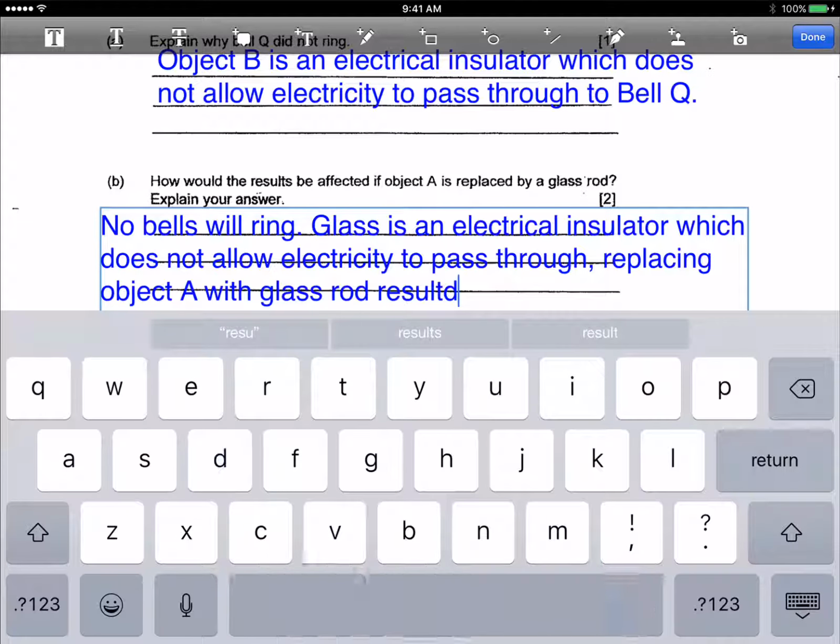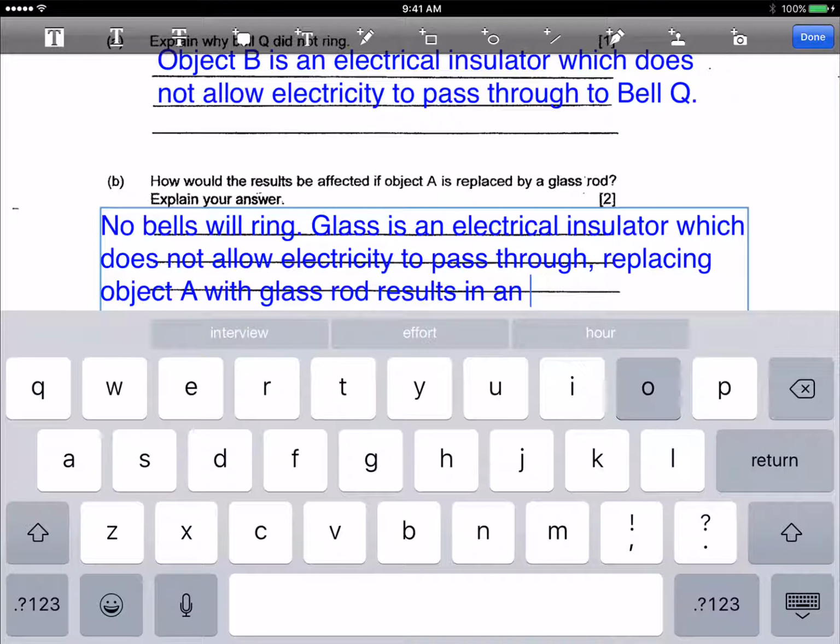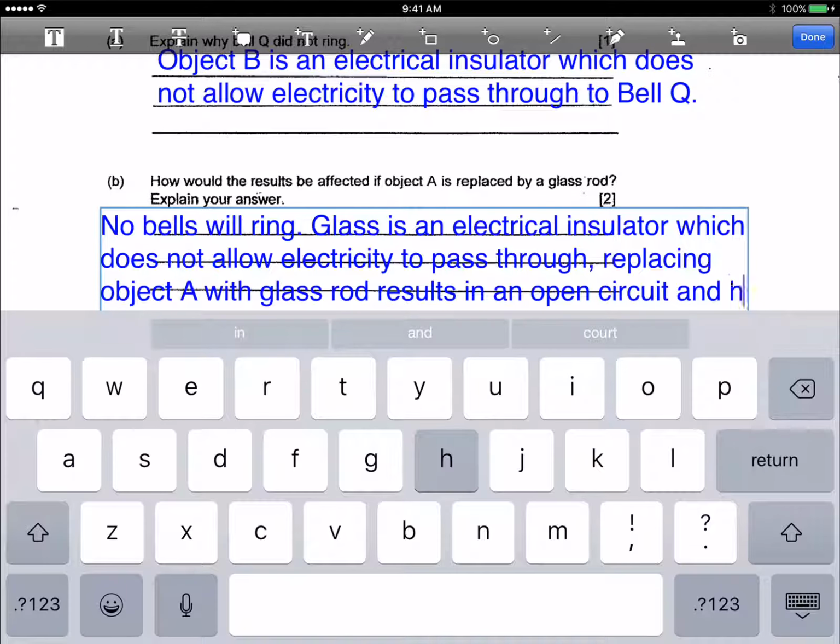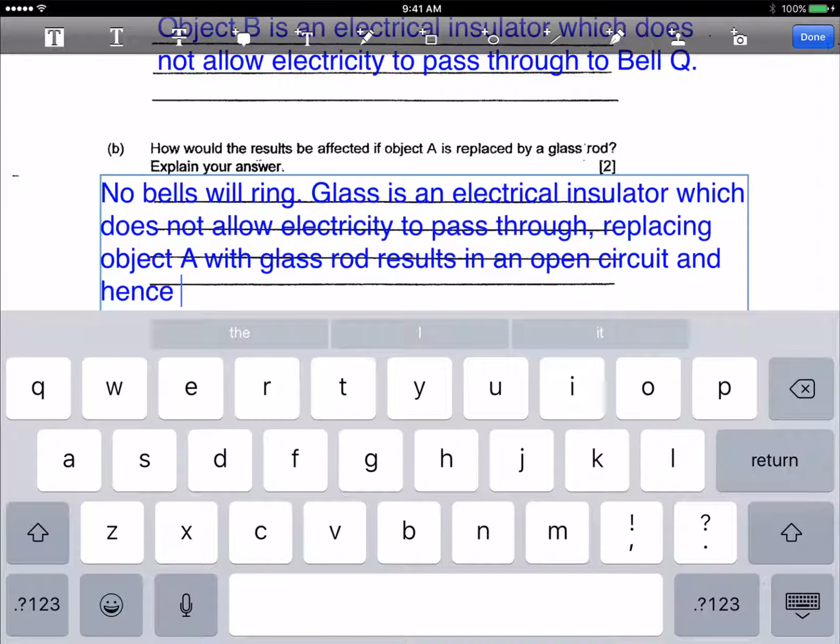Results in an open circuit, and hence no bells, no electricity, and hence electricity cannot flow to the bells.